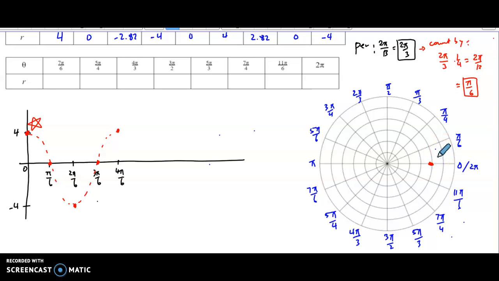And I'm going to put a star here to indicate that was our starting point, just like the trig graph. Okay? Now look, on our trig graph, at pi over 6, it's at 0. So here, at pi over 6, it's at 0, so we're right here.